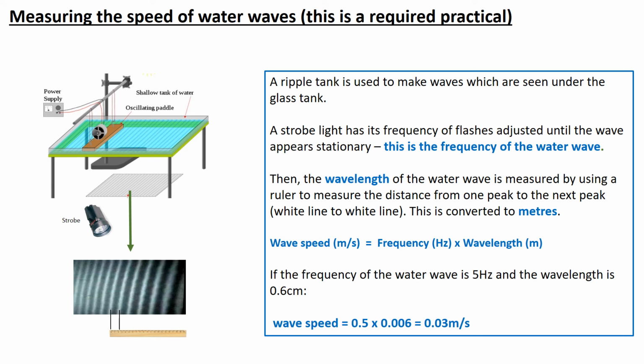At the top we have a strobe light, and that strobe light projects through the water, and we have this big long wooden block that has a motor on it. The motor vibrates, and we can change the vibrations on the motor to change the ripples that it produces in our tank.